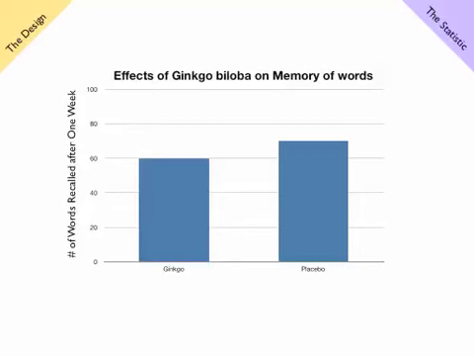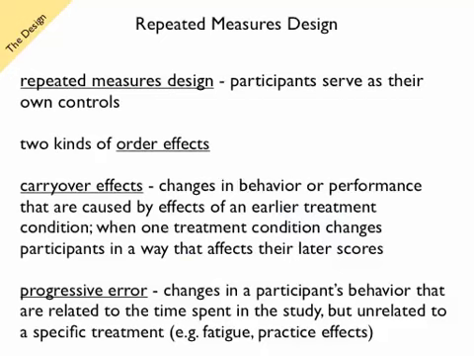There's no way to know whether that caused it or whether ginkgo really doesn't do anything, as is shown in this graph. It's a repeated measures design. Then testing these effects just in this single order, the design is certainly subject to carryover effects.